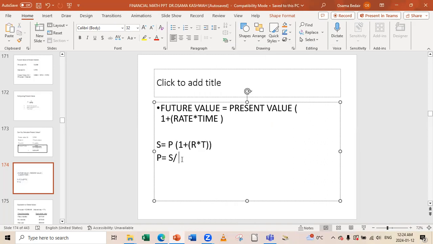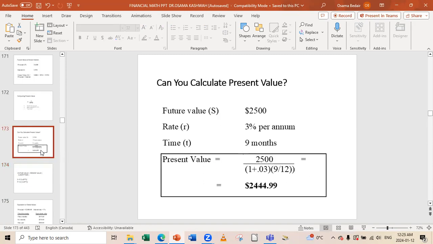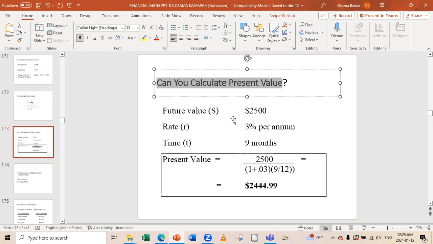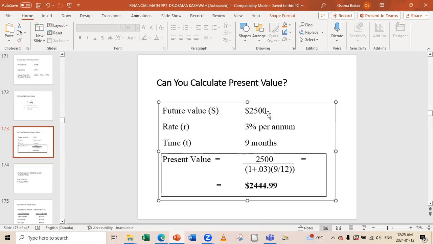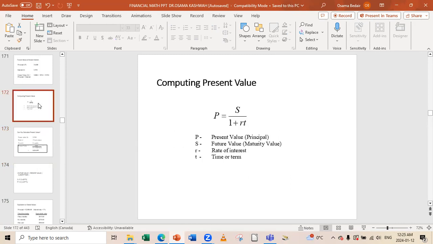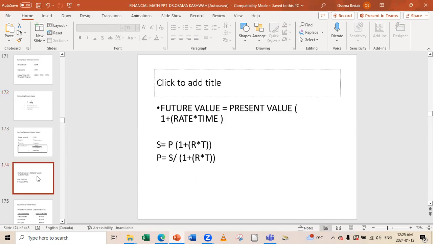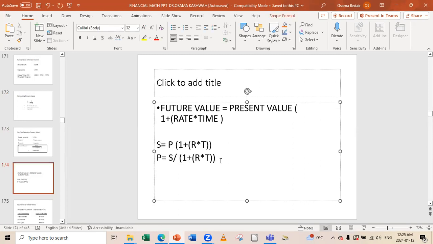So as an example, can you calculate the present value if the future value is 2,500, the rate is 3%, and the time is 9 months? If we apply this idea, the present value will equal S divided by 1 plus RT.